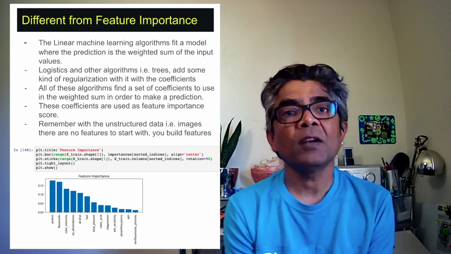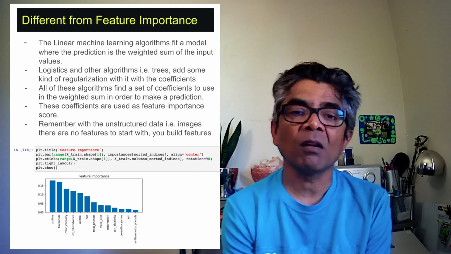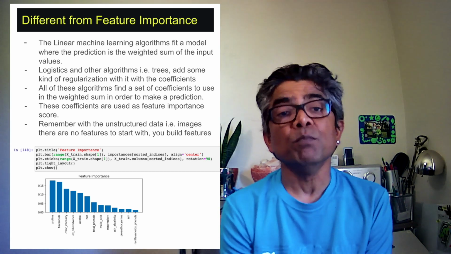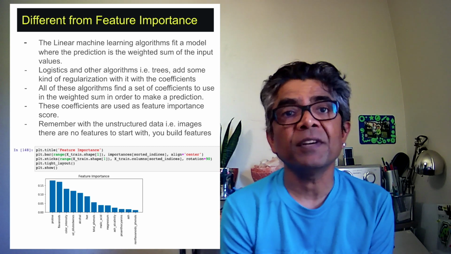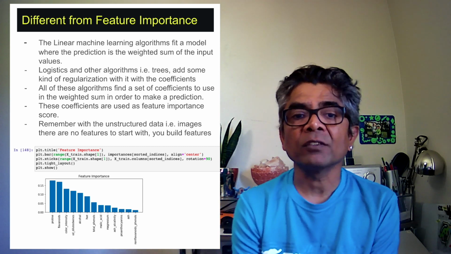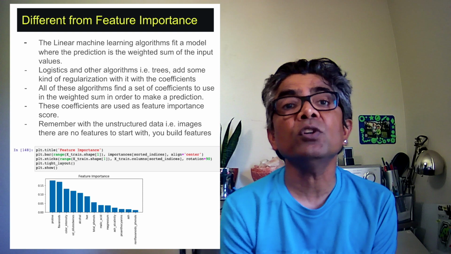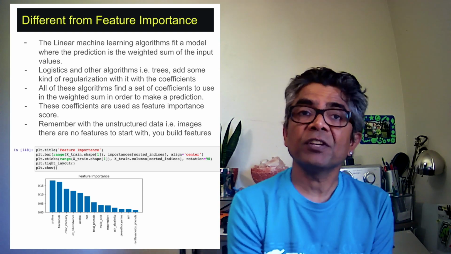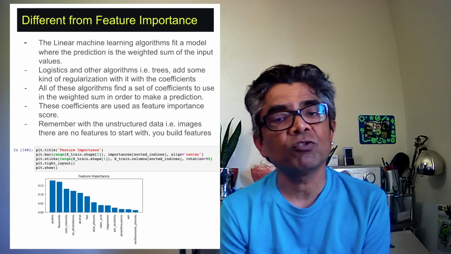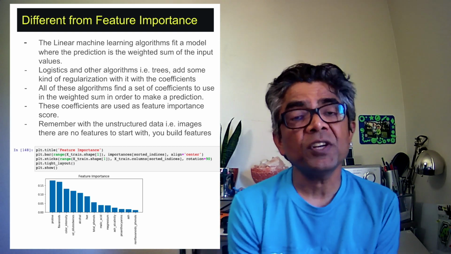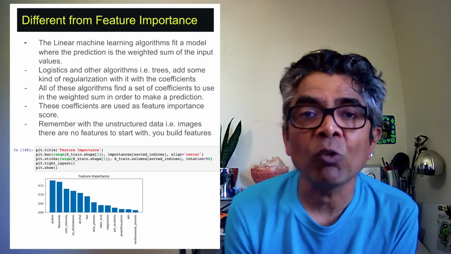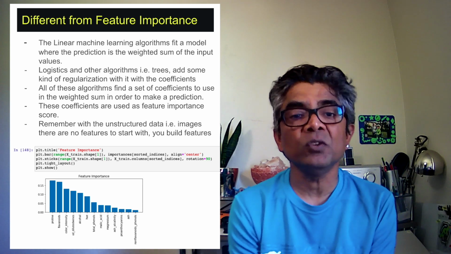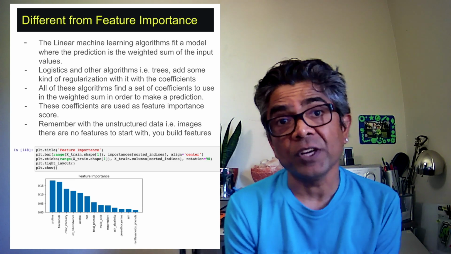Because when we are using linear machine learning algorithms to fit a model, most of the time or almost every time, the predictions are the weighted sum of input values. In some cases, when you are using logistic or other algorithms, such as tree algorithms, coefficients plus various regularization methods can also be used with the coefficients.